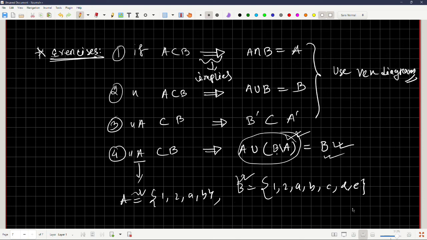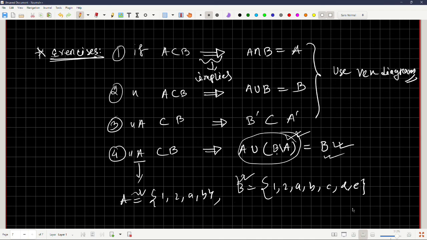Sir, what are the elements of the universal set? Well, it depends on the subsets that you are working with. There is no unique definition of a universal set, right? If you have 2 sets, let's say A and B, where A contains all the odd integers and B contains all the even integers, what is the universal set in this case?